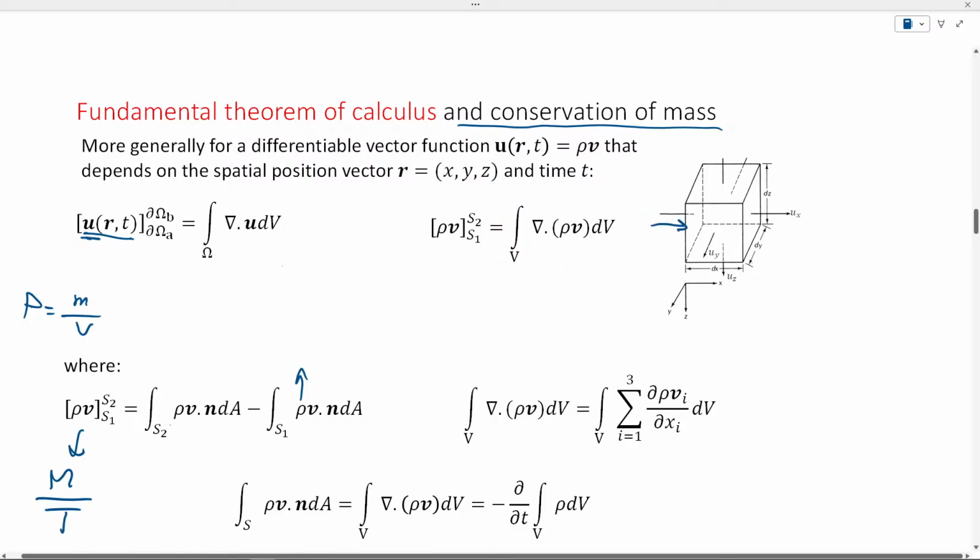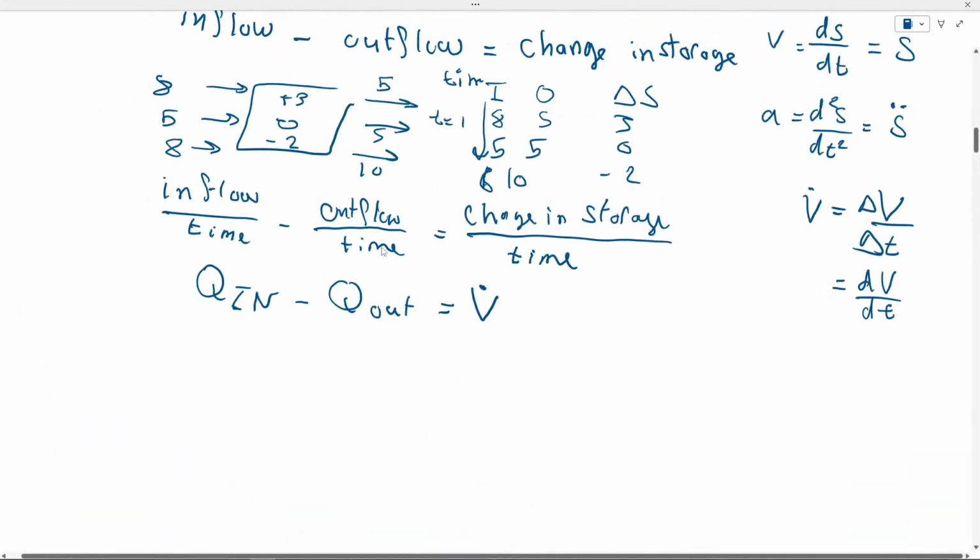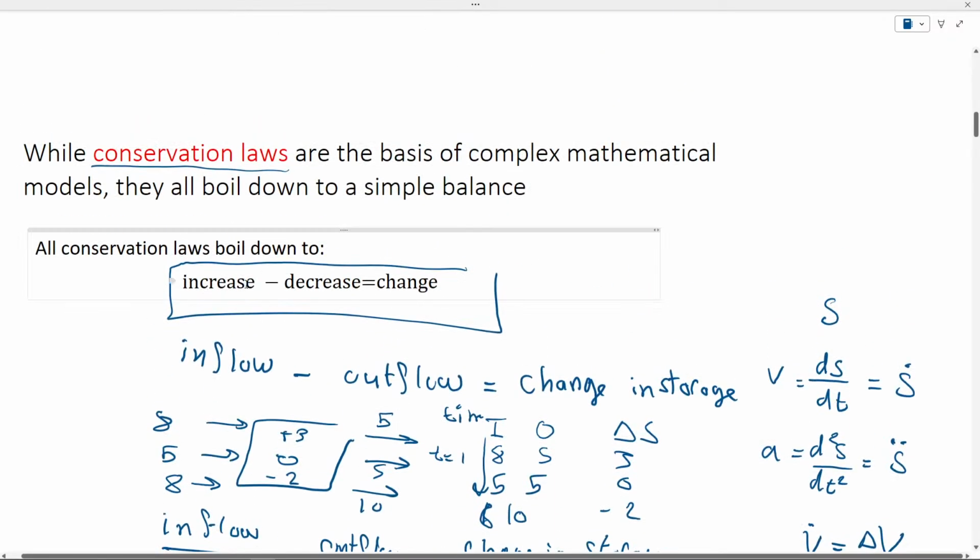So I have something coming here, something leaving here, and the net flux would be what is changing, like what is increasing here or decreasing here. So I have positive, something like the storage is increasing or my storage is decreasing here. Remember, it's a very simple rule. Increase, decrease is equal to what is changing here.